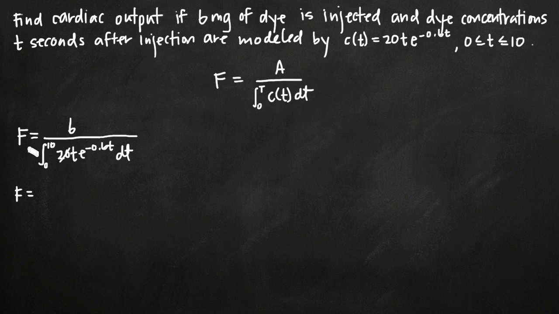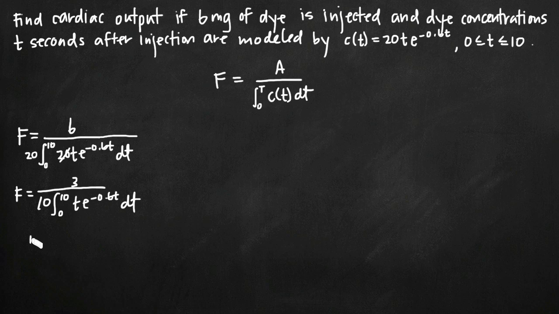So now we'll have 6 over 20, which of course can reduce to 3 over 10. So what we'll actually have here is 3 over 10 times the integral from 0 to 10 of t e to the negative 0.6 t dt. And we can use integration by parts to take this integral.